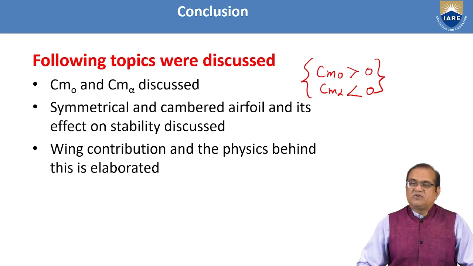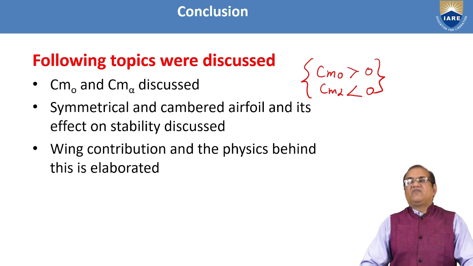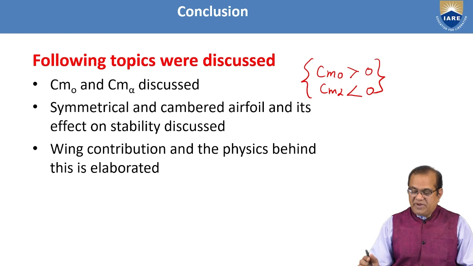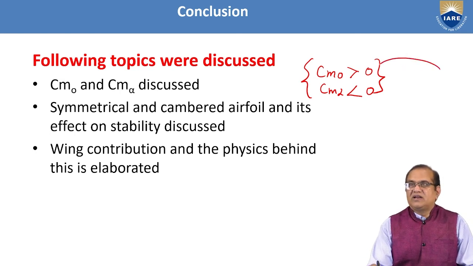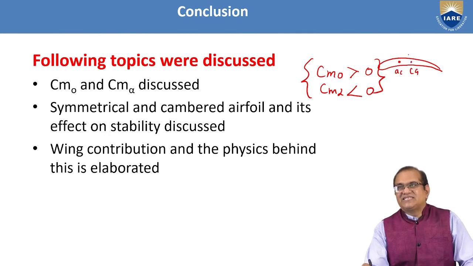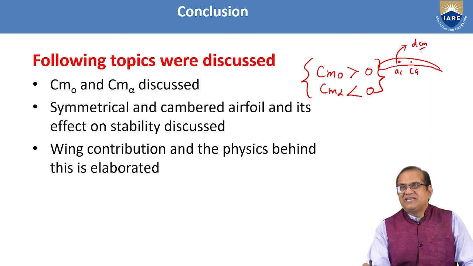This is only possible whenever we are using the main wing as a cambered airfoil like this. This is the cambered airfoil. If like this, AC will be ahead and CG will be behind. If it is like this, this will give a dCm by d alpha as a positive, but this will also give Cm naught equal to positive.